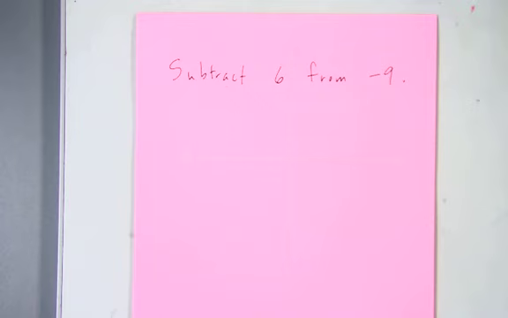Subtraction can be very tricky when we put it into an English sentence like that, because the order does not stay the same. Like if I was to ask you to subtract 3 from 10, most people would say, oh yeah, that's 7, right? 10 minus 3 is 7.